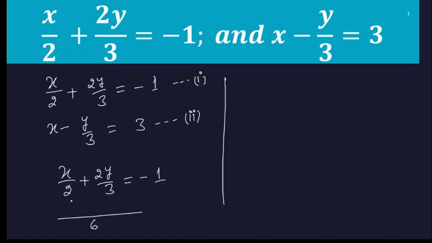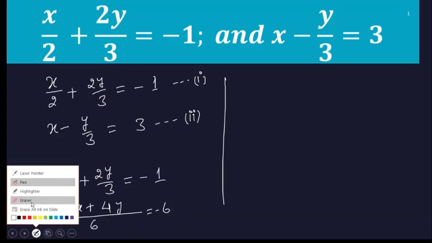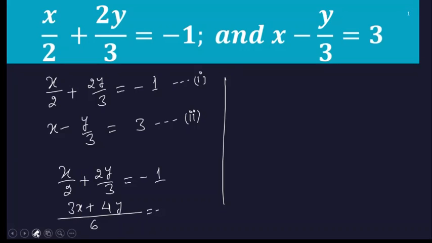So the equation becomes 3x plus 4y equal to minus 6. This is equation number 3, because it changes in format.